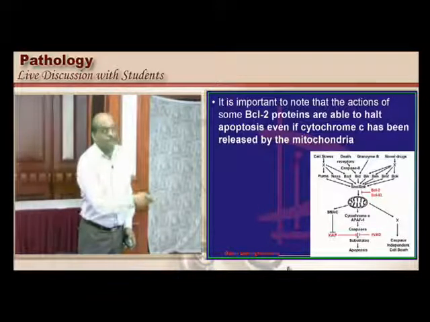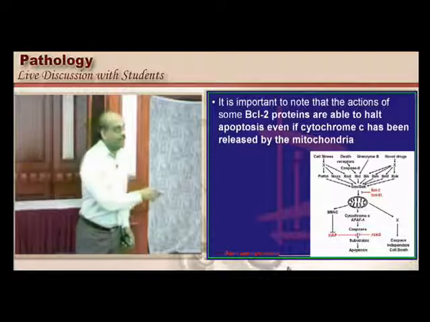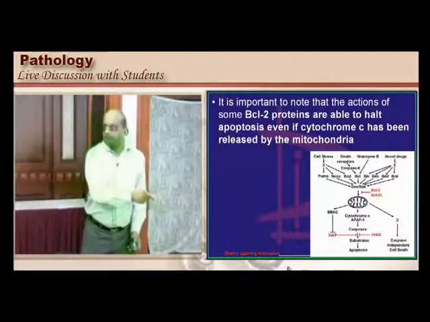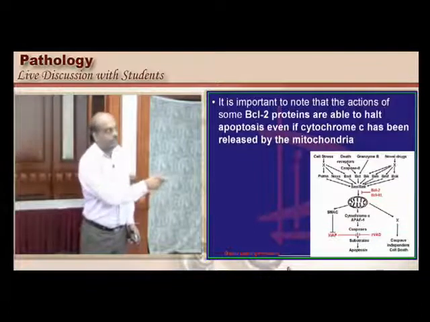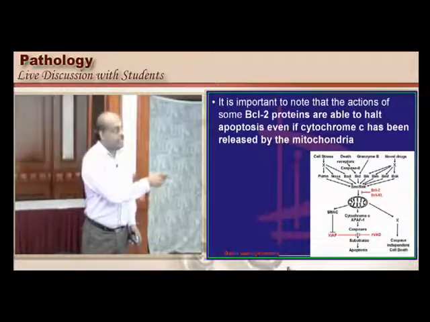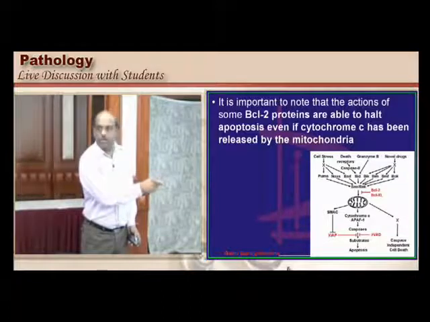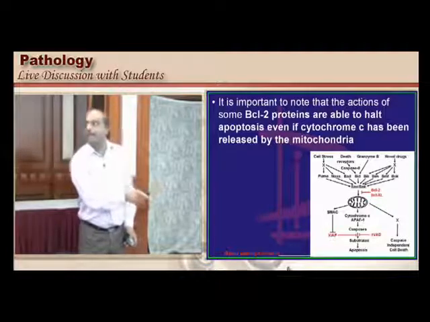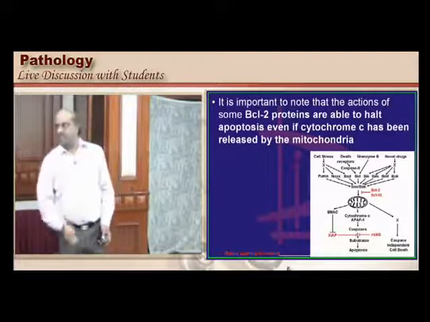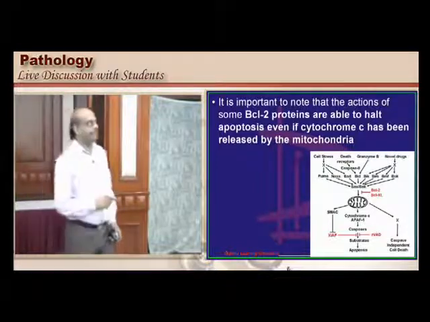BCL2 can stop apoptosis from happening even if cytochrome C is eager to initiate it. So the mitochondria releases one cytochrome C and one SMAC. The SMAC regulation mechanism is stronger to promote and stop apoptosis than the cytochrome C and APAF1 associated mechanism on caspases. You have to remember that.